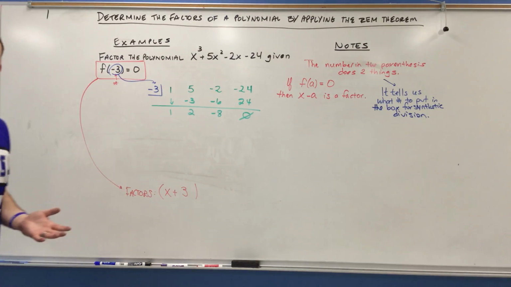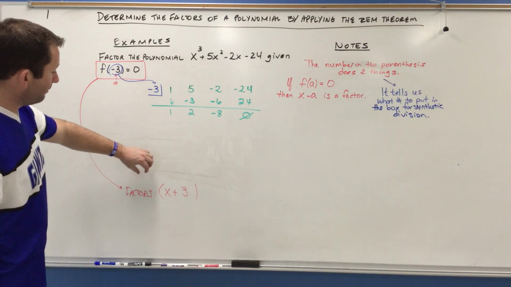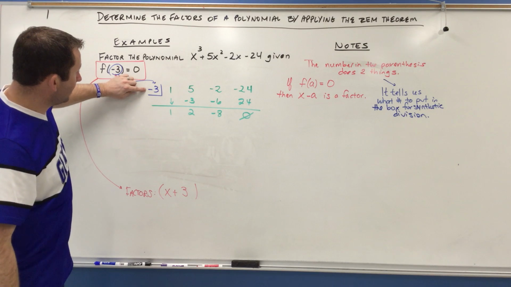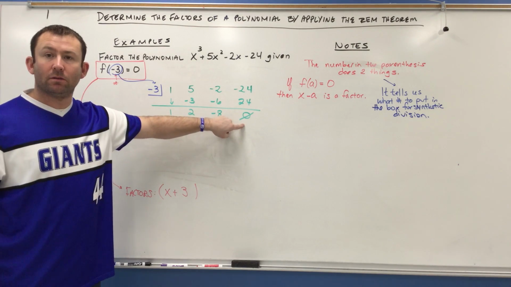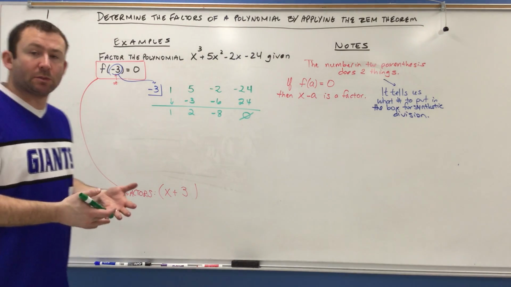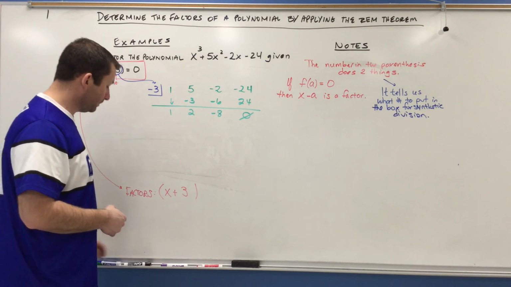Well, I'm hoping you knew that was going to happen, because our last objective talked about how if x plus 3 was a factor, when I put a -3 in the box, I should get a 0. That was our test in that previous objective to figure out which of the multiple choice options we were given was a factor. All right, so we're just using them.